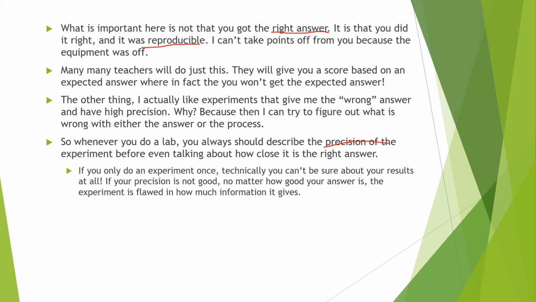Now, hopefully, if I end up getting a number when I do the labs that's very inaccurate, then what I'll probably do is redo the experiment, and if it comes up with that same inaccurate number, then we'll discuss that.